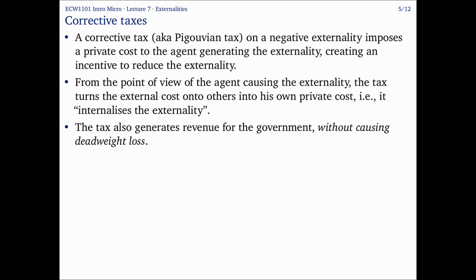If the quantity falls, there is the deadweight loss triangle that arises because there are units of this good where the marginal benefit is higher than the marginal cost, but those units are not being produced and then consumed, right? That's the deadweight loss from taxation. There is no such thing here because reducing the quantity is precisely the thing that improves efficiency.